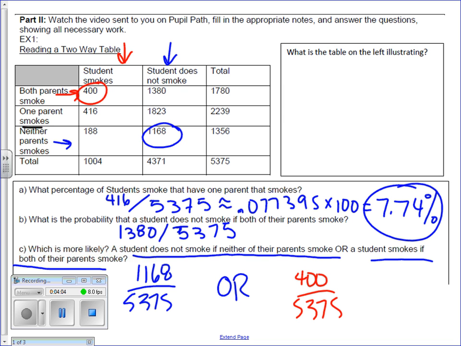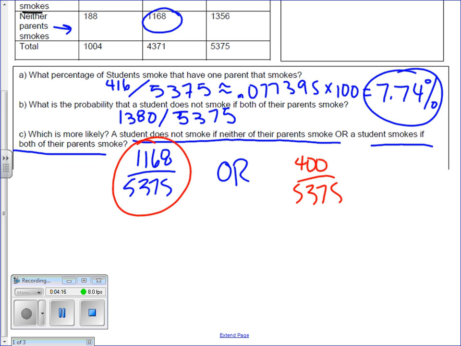Obviously, 1,168 out of 5,375 is more than just 400 out of 5,375. So we could say that according to this data, it's more likely that a student does not smoke if both parents do not smoke.